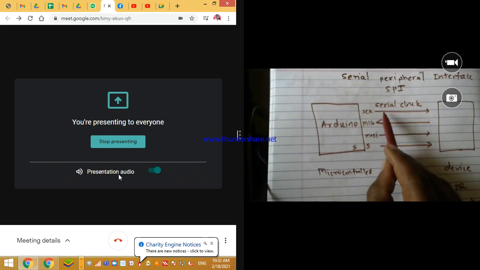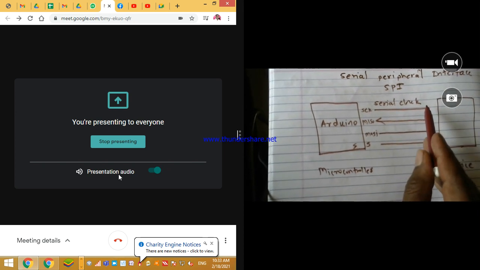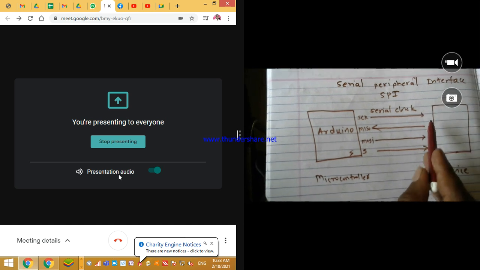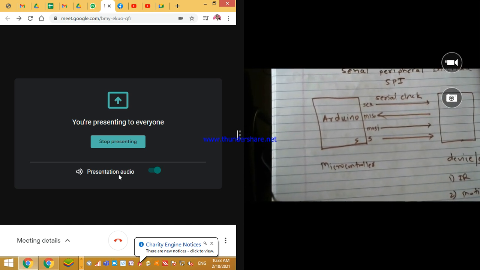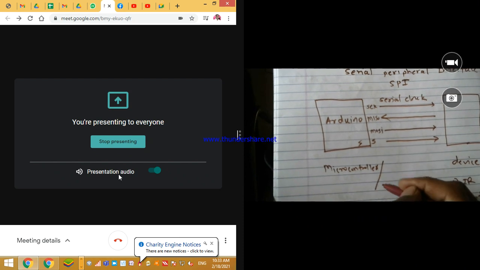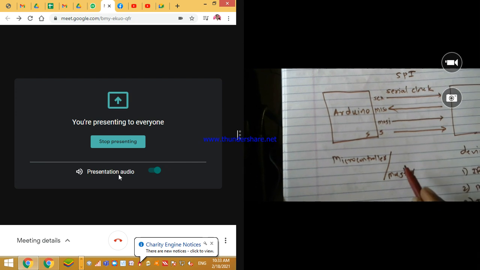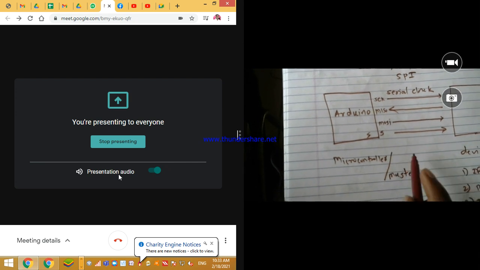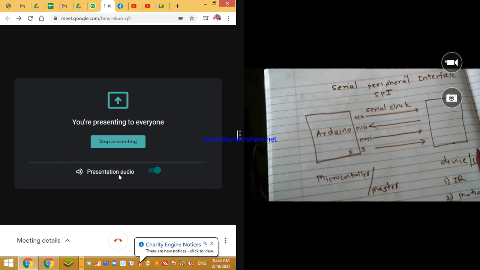Number 1, serial clock, and see the arrow is directed towards the device. This microcontroller acts as a master and this device acts as a slave.